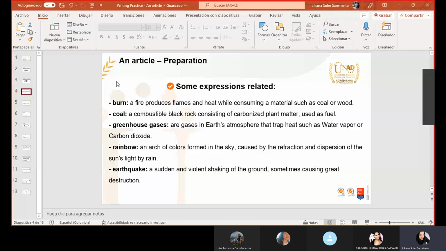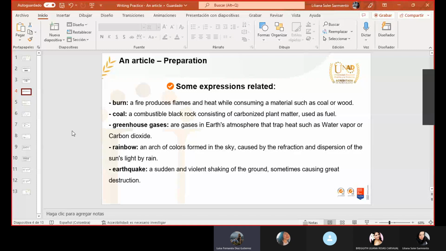Okay, in order to do a little preparation about the topic, here we have some expressions related with today's topic, an article. Luisa, could you read the first expression, please? Yes, teacher.